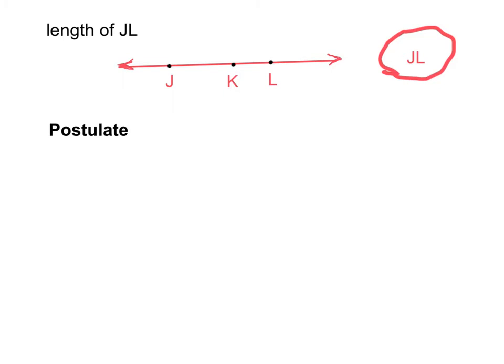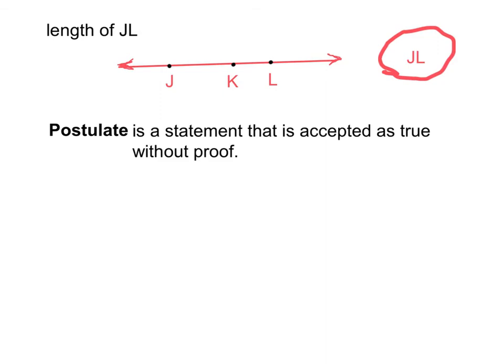So now we come to the term postulate. What exactly is a postulate? A postulate is a statement that is accepted as true without proof. In some books it is referred to as an axiom. Now in this book, the postulates are going to be numbered, and I do not require that you remember the postulates by number.